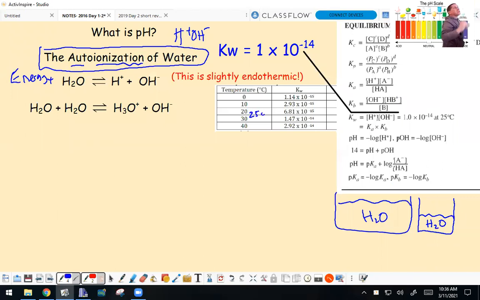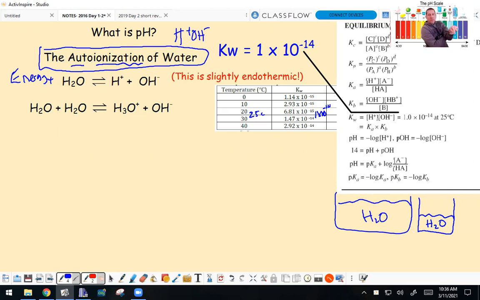25 degrees Celsius, you can see, would be right there in the middle between 20 and 30. And we know that at 25 degrees Celsius, Kw is 1 times 10 to the minus 14. As the temperature goes down, so to 20 degrees, to 10 degrees, to 0 degrees, you could see the Kw is also going down. Times 10 to the minus 15, times 10 to the minus 15, so they're getting smaller and smaller and smaller.